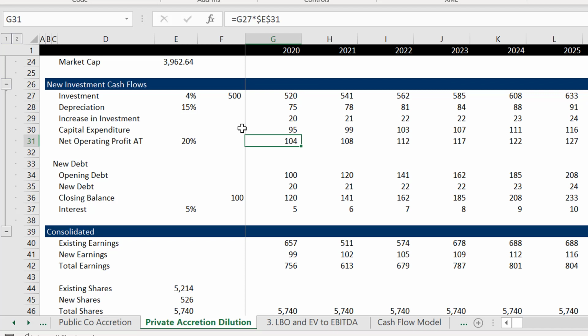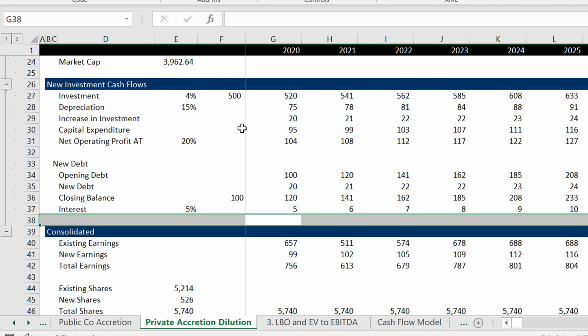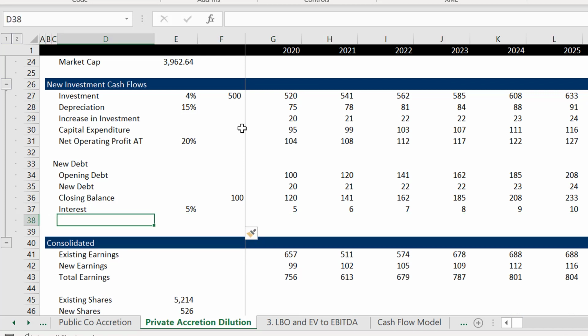We take our net investment and multiply it by our return on invested capital. This was a very high return, and we subtract the interest. So this new earnings is a little bit too complicated, perhaps. Maybe I should have put the earnings from the target.